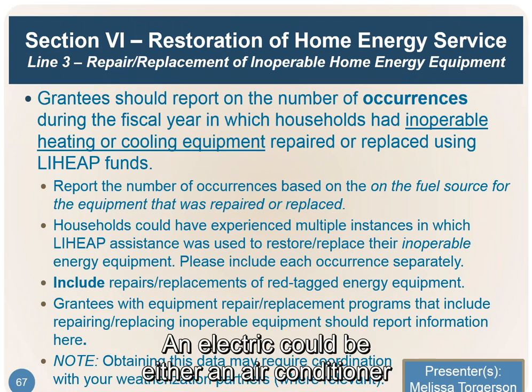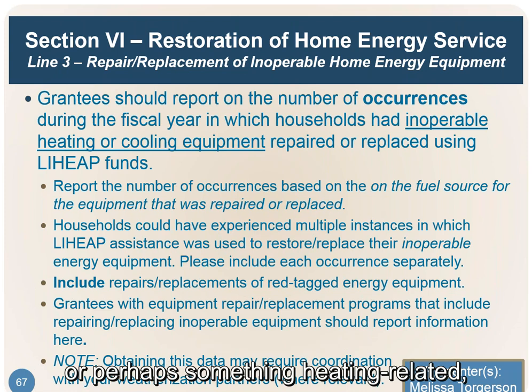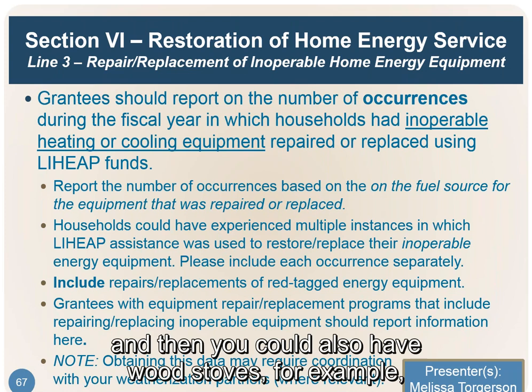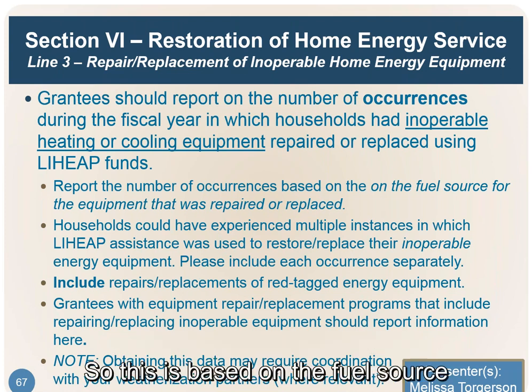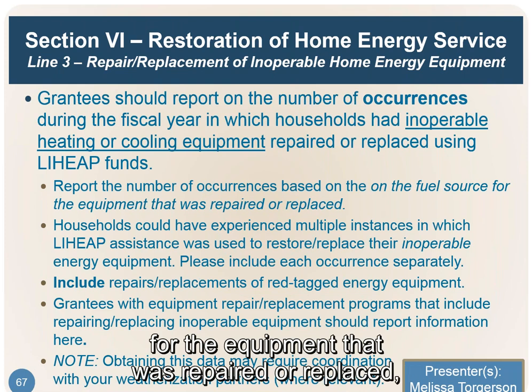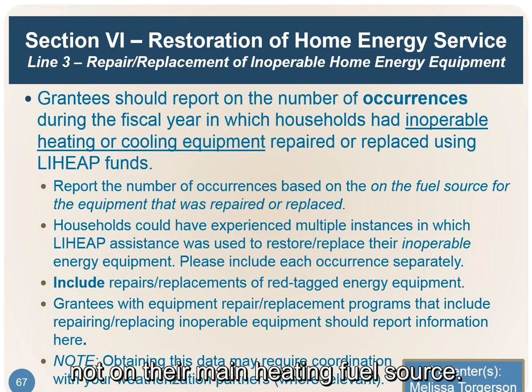An electric could be either an air conditioner or perhaps something heating related. And then you could also have wood stoves, for example, which would be under wood. So this is based on the fuel source for the equipment that was repaired or replaced, not on their main heating fuel source.